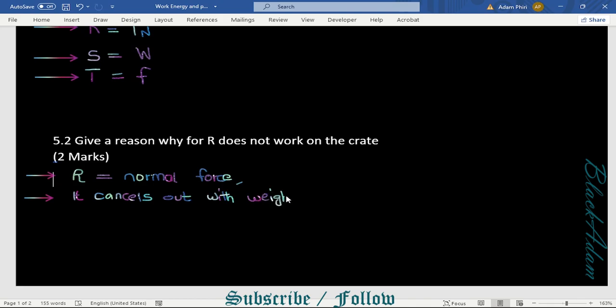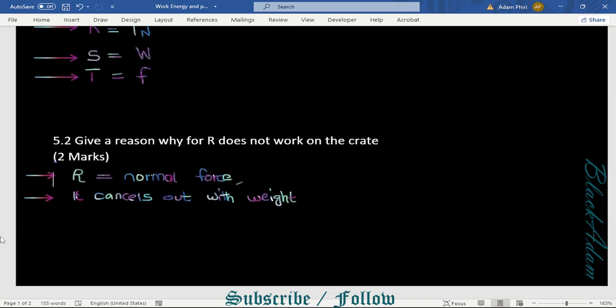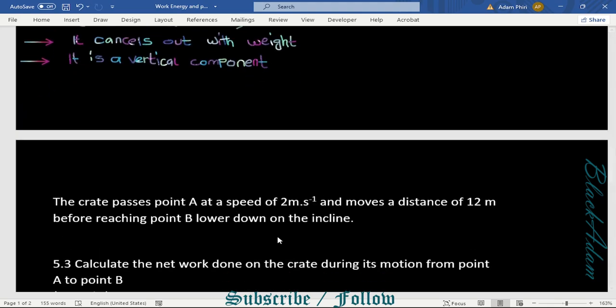The other reason is that it is a vertical component. The object is not moving vertically, it's moving along the surface, even though it's going down the inclination.